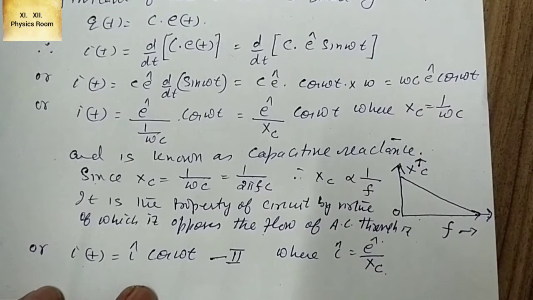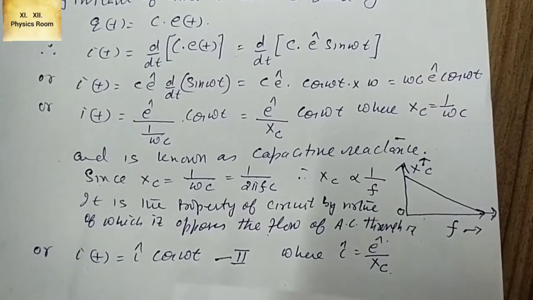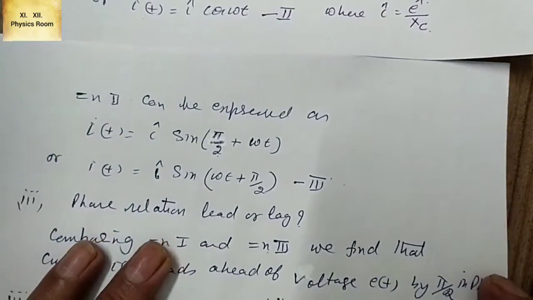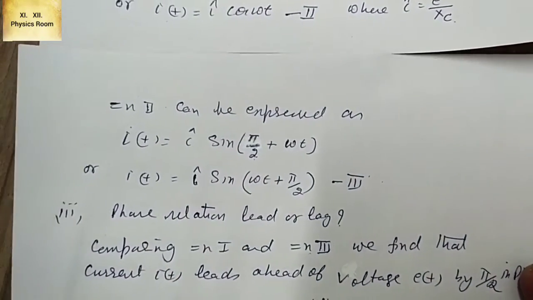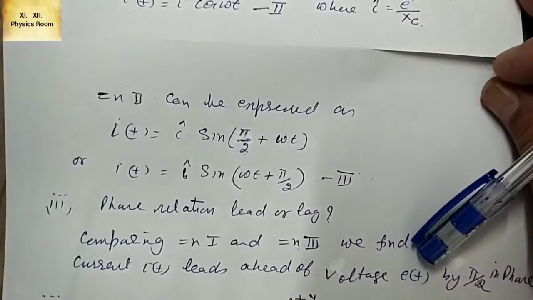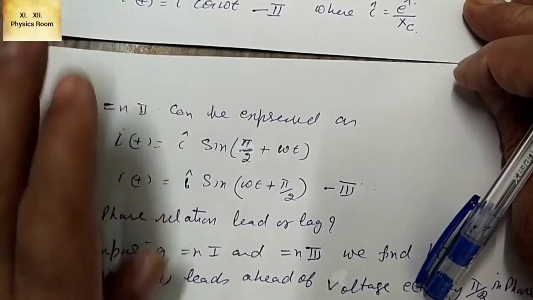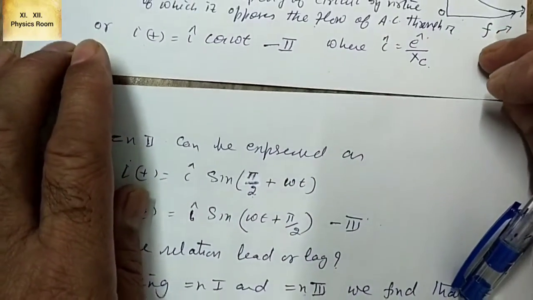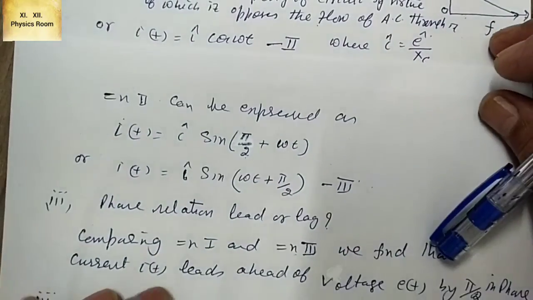Now we go to the third step. Before we go to the third step, we modify equation 2 in terms of sine.